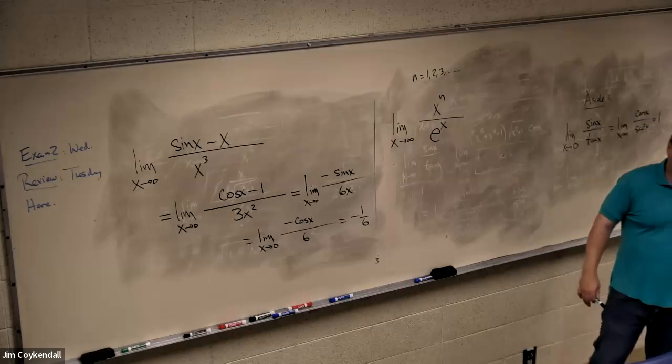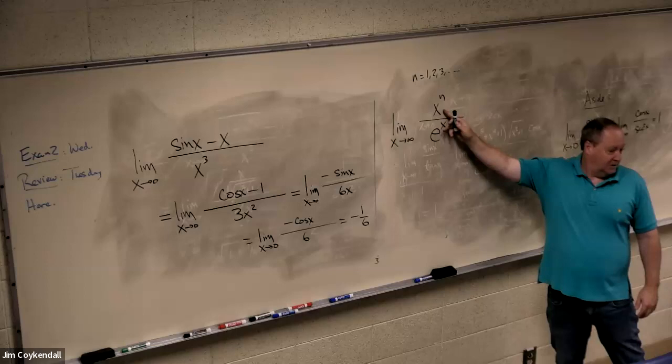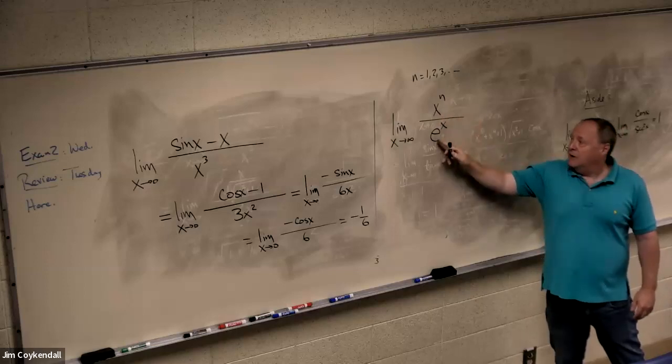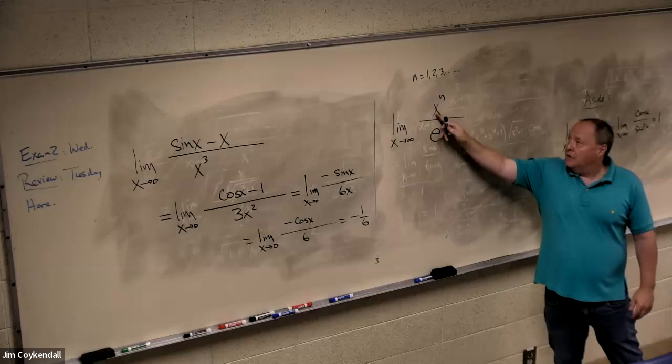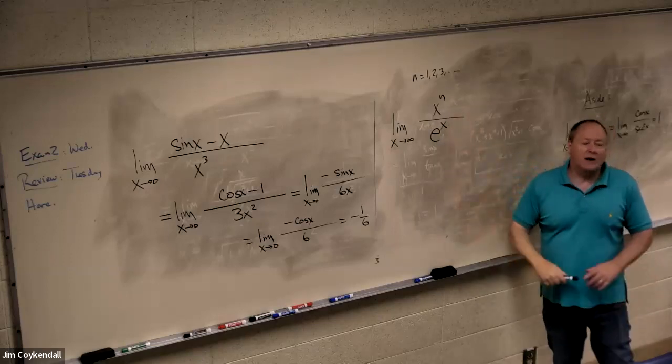Very large. This e squared is less than that. So it's almost like a cheated race. It started off very quick. At 1, this one's smaller than this. At 2, this is much bigger than this. At 3, this is much bigger. At 4, this is much bigger. The exponential catches up.